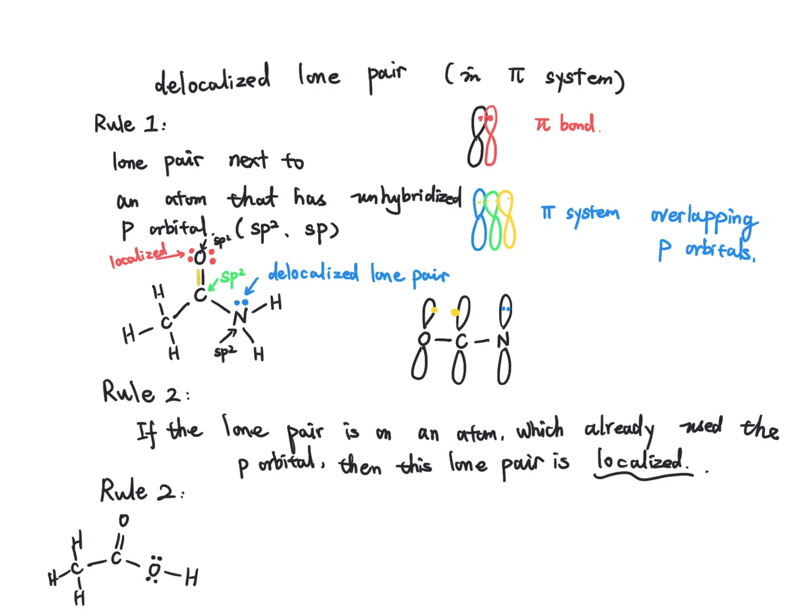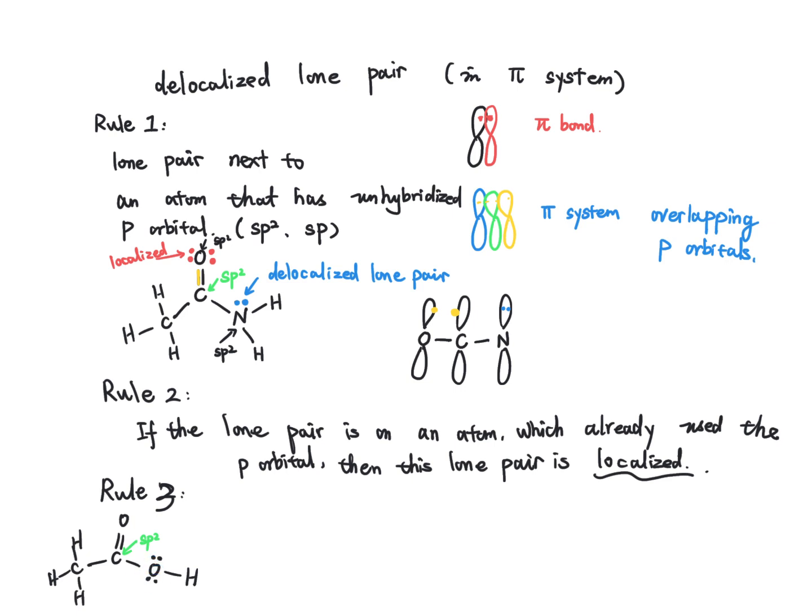Theoretically, based on what we just talked about, this carbon is sp2, so the lone pair here is next to an atom that has an unhybridized p orbital. So theoretically, these lone pairs can be delocalized.